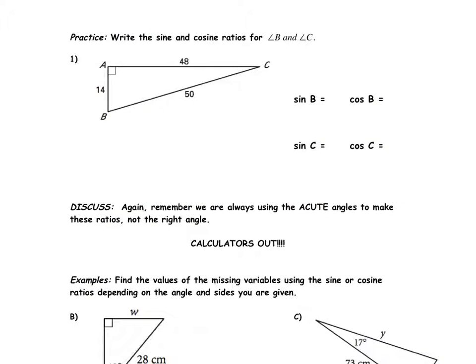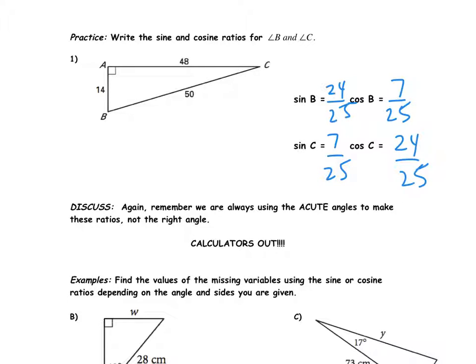All right, you try. Try example number 1. Sine of B. 24 over 25 is correct because it's 48 over 50 divided by 2. Keep going. 7 over 25, 14 over 50 divided by 2. 7 over 25, it's the same as cosine of B. 24 over 25.